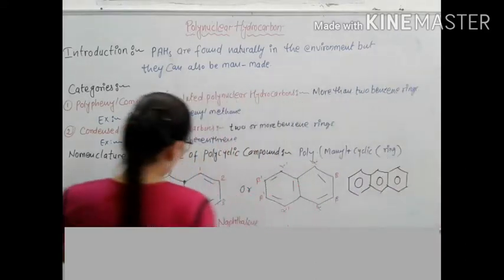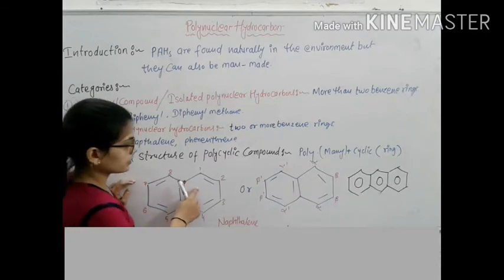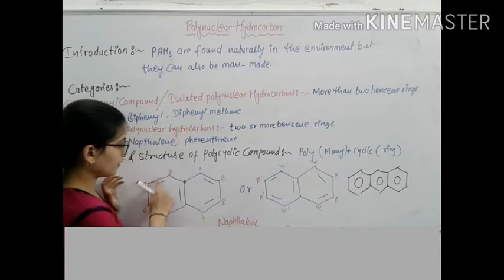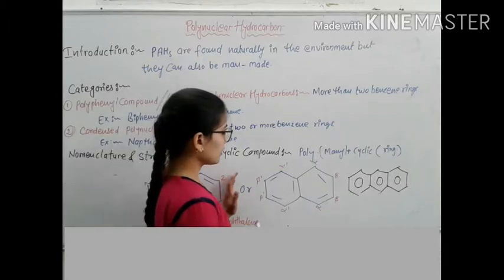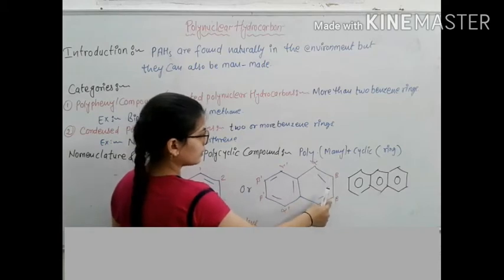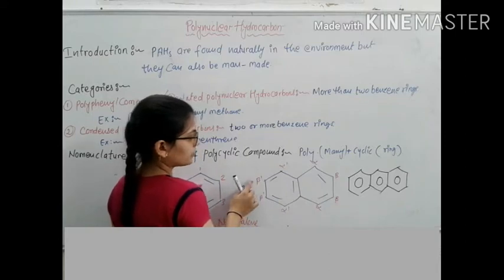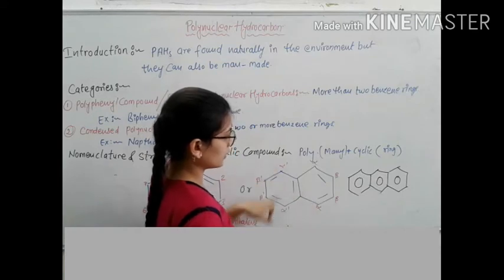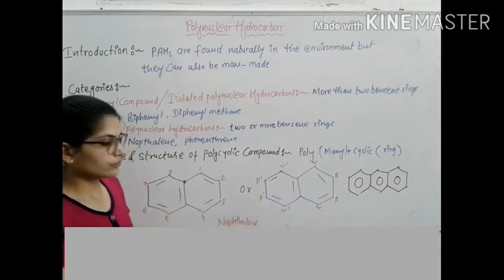This is the structure of naphthalene. Numbering is started from 1, 2, 3, 4, 5, 6, 7, 8. The first position is alpha, the second is beta, and the opposite side positions are beta dash and alpha dash. This is the numbering of the naphthalene structure.